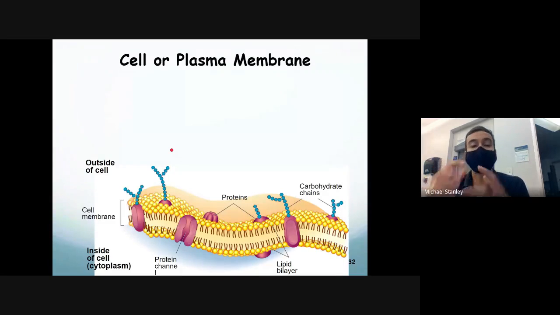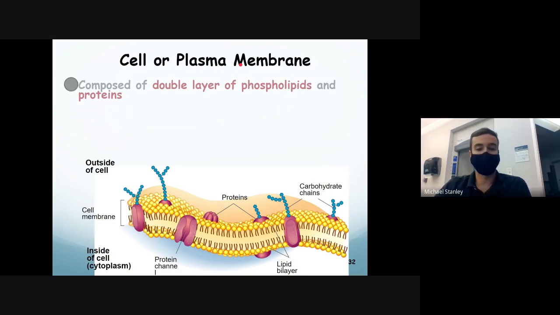All right, so the first major organelle that we're going to talk about is the cell membrane, also sometimes called the plasma membrane. So the cell membrane is composed of lipids and proteins.